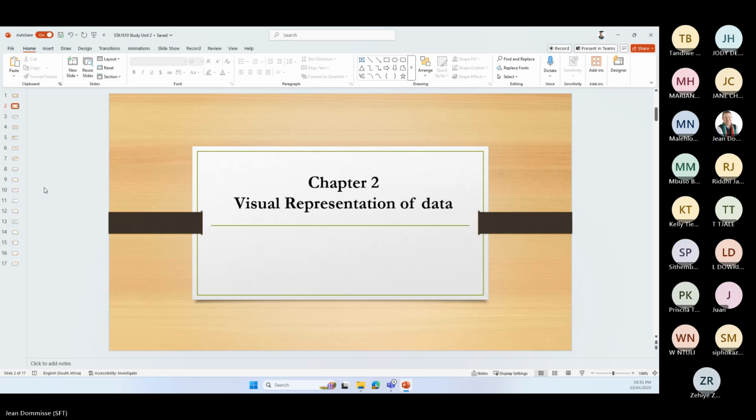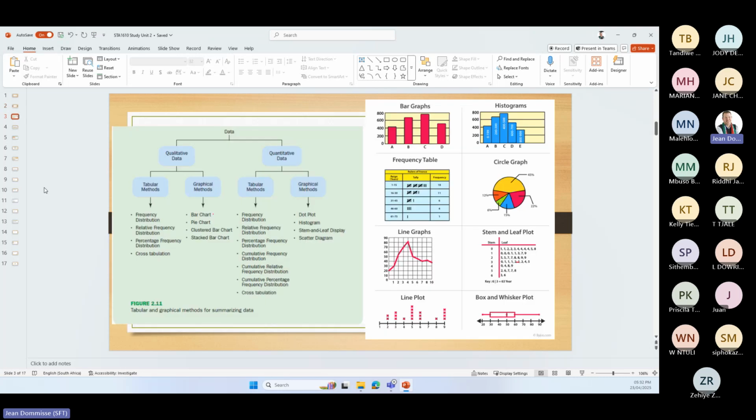So it does link back from last week, and the biggest link nearly was this diagram that I showed to you guys last week about we've got data, we will classify it as qualitative data, but also categorical data, versus quantitative data, which is about the quantity, numbers, those kind of things.